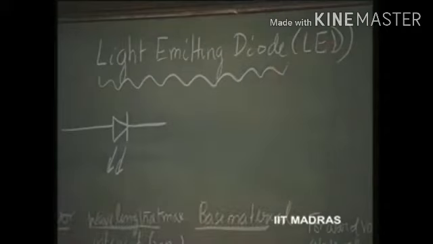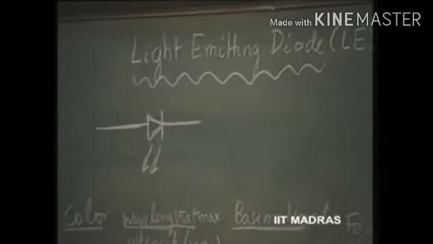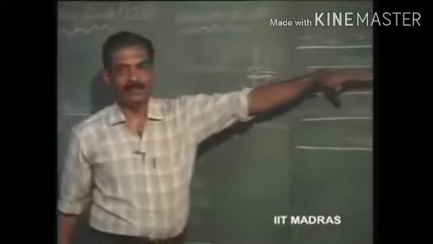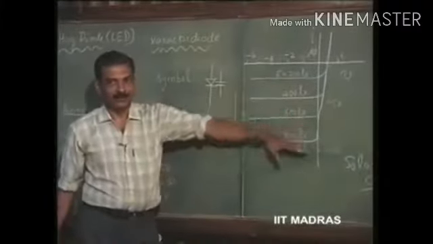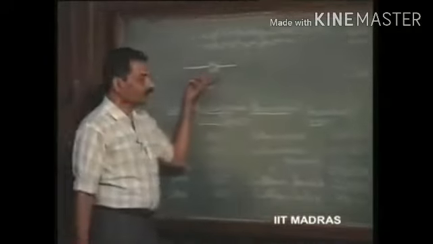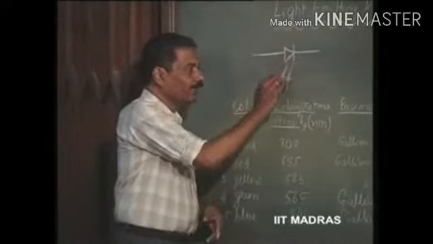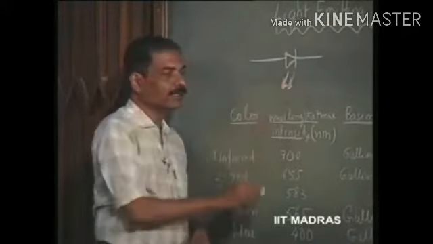So, the symbol is this. When this junction is forward biased, see, remember that there it is the reverse bias saturation current which is controlled. Here, when the junction is forward biased, under forward bias condition it emits light.